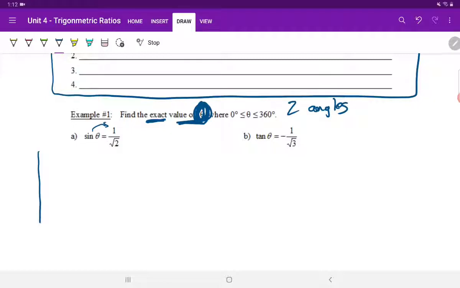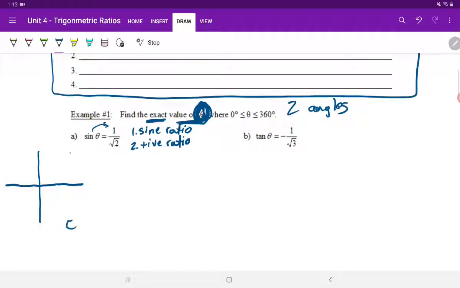First step, we're going to draw a diagram. What you do is you analyze what's given to you and you say, all right, I have a sine ratio and my ratio is positive. So I have a sine ratio and I have a positive ratio. That means I can only be in two quadrants.